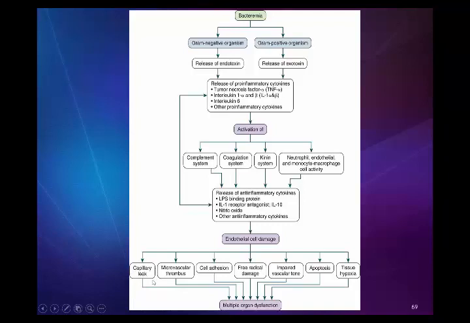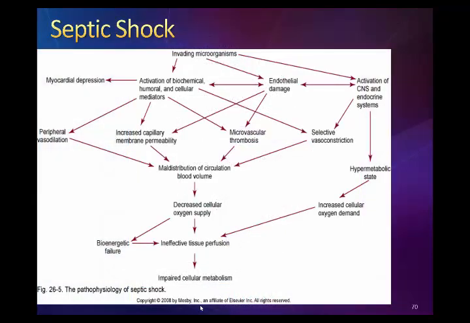So you have an increased capillary permeability and the fluids leaking out. You have the thrombi from the actual lack of activated protein C and the development of DIC, cell adhesions, free radical damage.